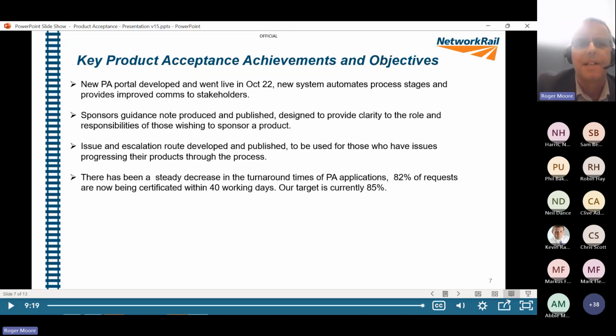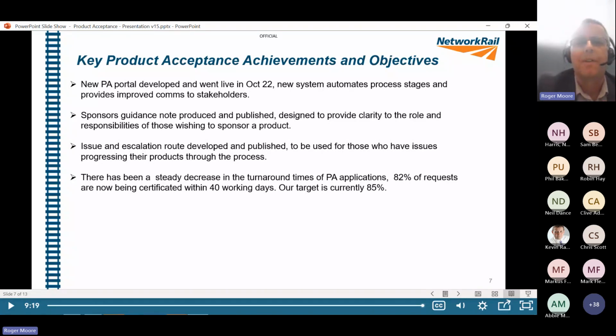We've also provided a sponsor's guidance note. Now, over the last year or so we've had a problem with various sponsors either leaving the business or moving to new roles. So we've captured the requirements as per the product acceptance standard into one guidance note to basically detail the roles and responsibility of the sponsor.